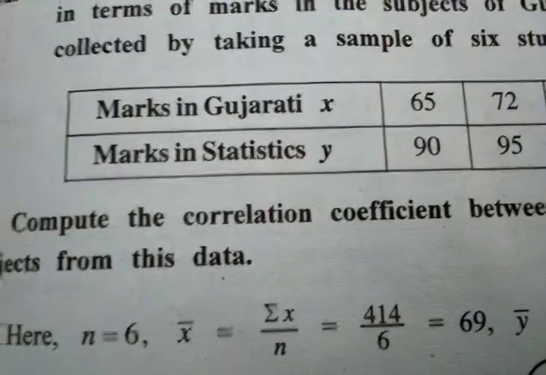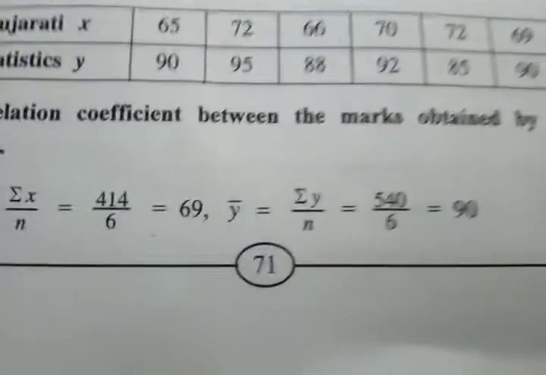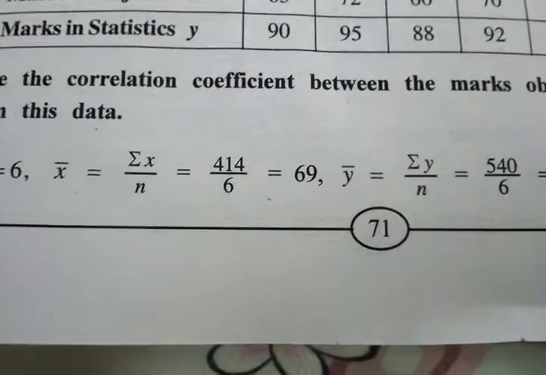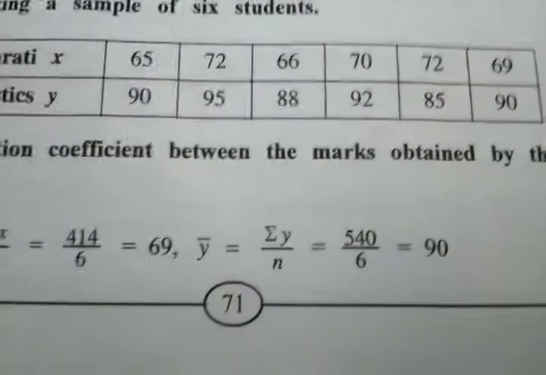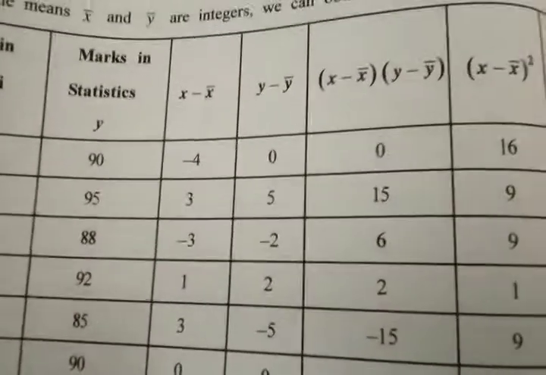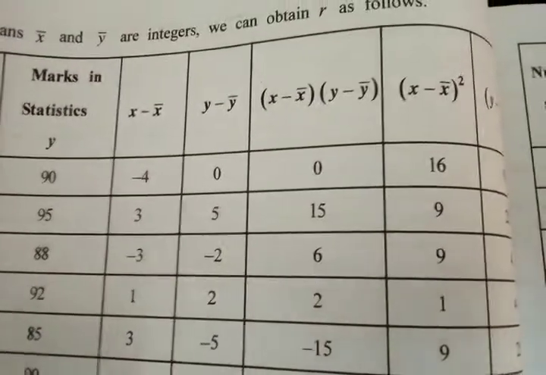Then take the next one. Marks in Gujarati and marks in statistics are given. Here again x bar is an integer, 69, and y bar is 90, which is again an integer. So using the same formula we can work it out: x minus x bar, y minus y bar, the product of x minus x bar into y minus y bar, x minus x bar the whole squared, and y minus y bar the whole squared.